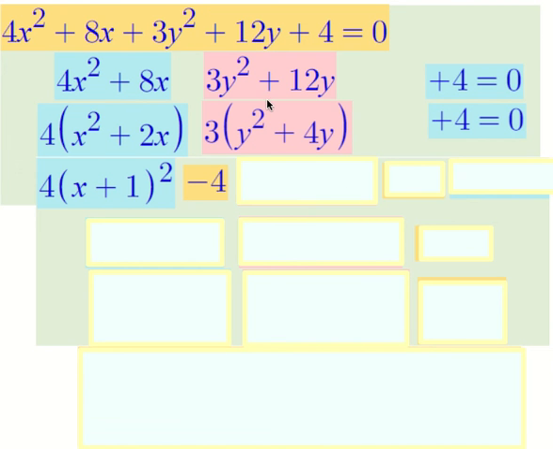Now, for the y term, it's the same thing. I'm going to divide 4y by 2 and get 2. So inside parentheses, I have y plus 2 quantity squared, but we still have the 3 in front. So 3 times y plus 2 quantity squared. Now, if I multiply y plus 2 times y plus 2, I get y squared plus 4y plus 4.